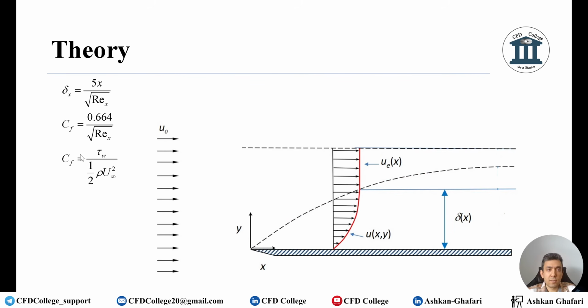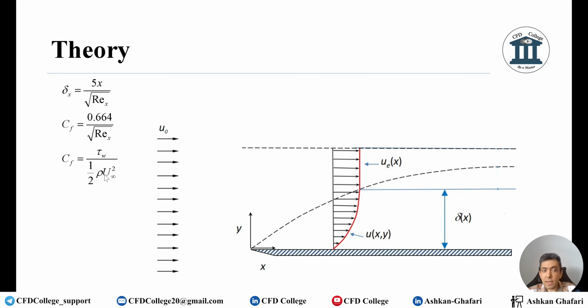See this? Skin friction factor equals the shear stress of the wall, which is calculated by Fluent, divided by 1/2, no problem.